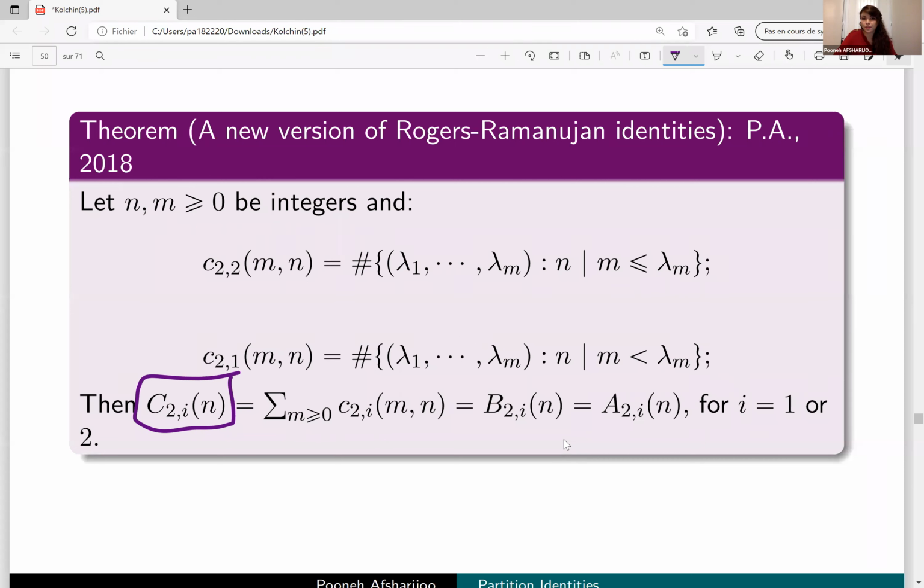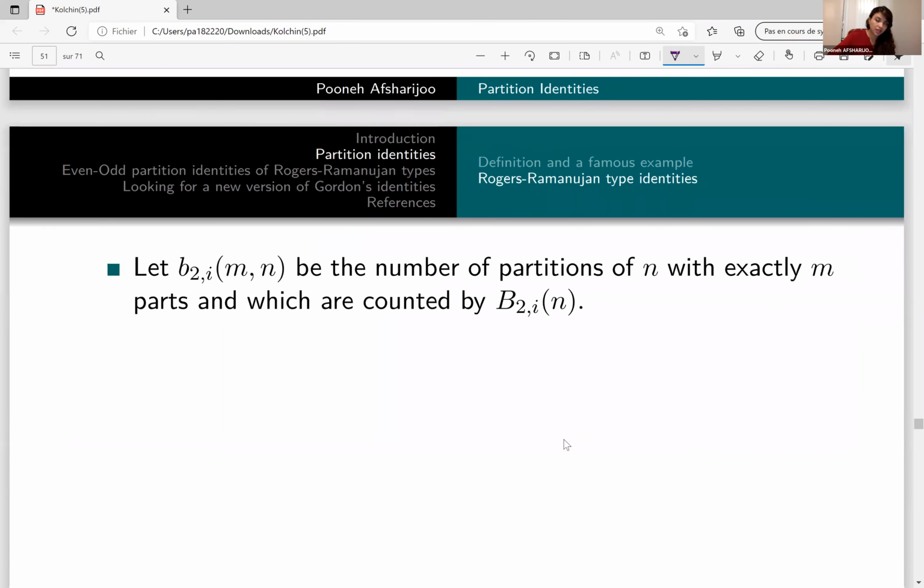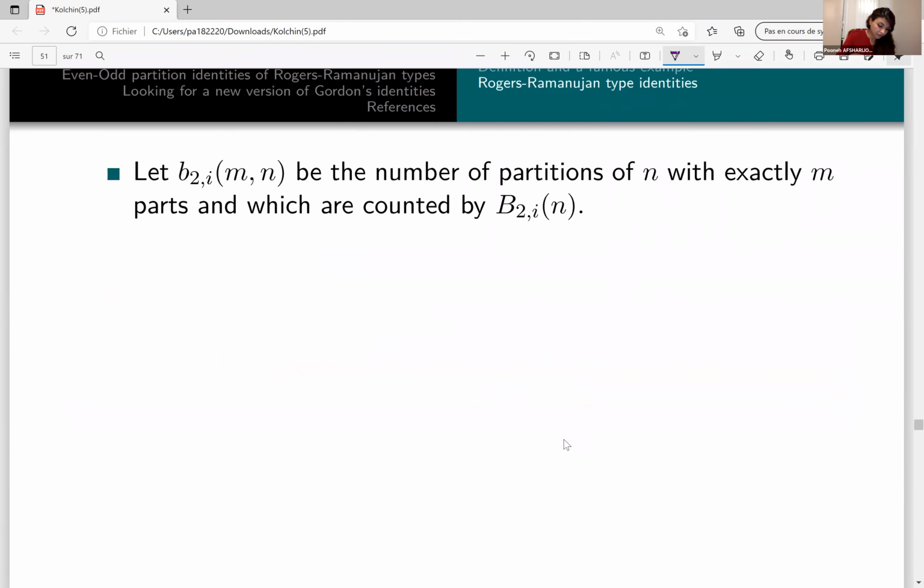In order to prove this theorem, I used another method which is completely combinatorial and which was used in George Andrews' books. Andrews, in his book on the theory of integer partitions, denotes by small b_2i(m,n) the number of partitions of n with exactly m parts without equal or consecutive parts.